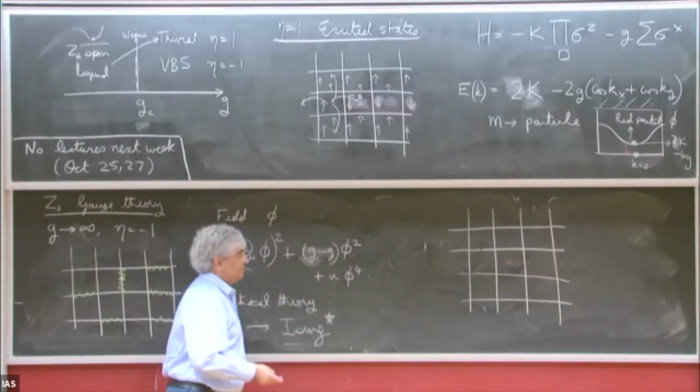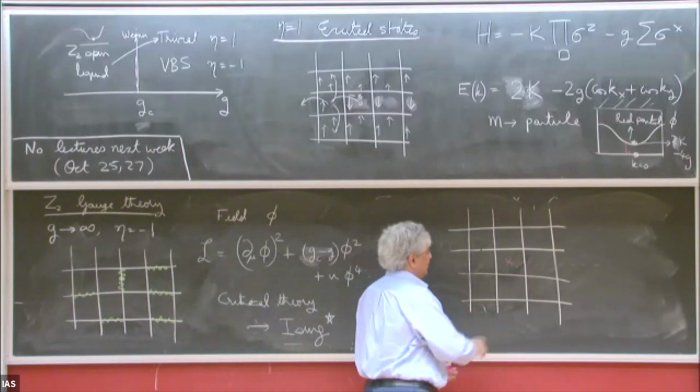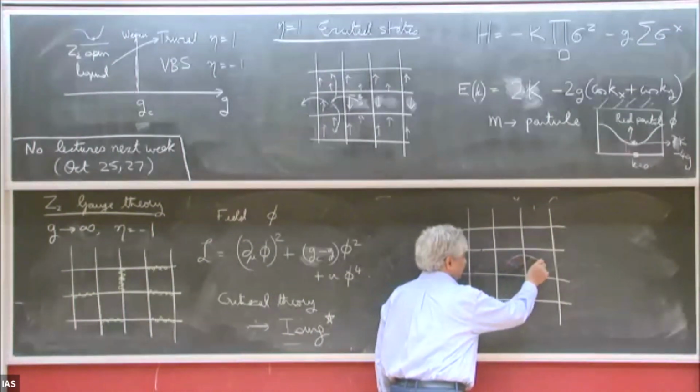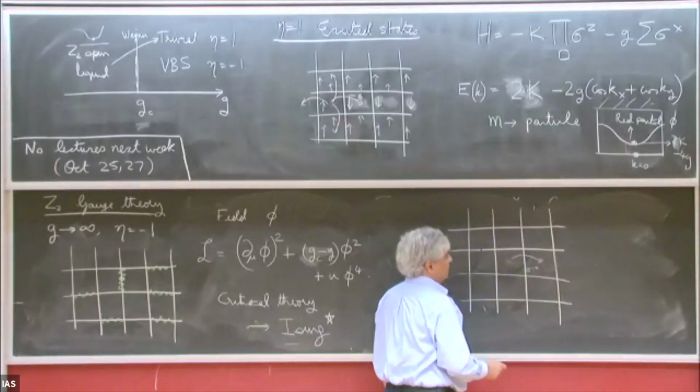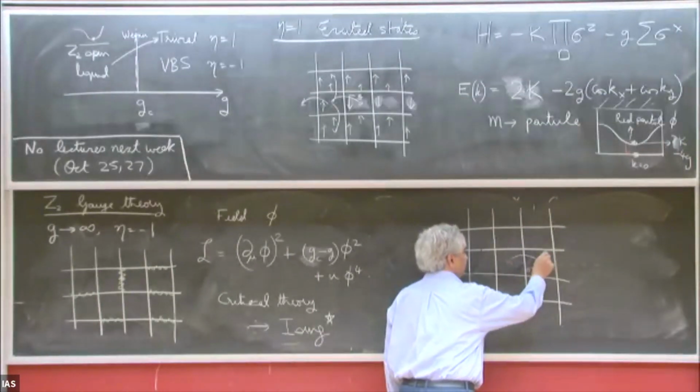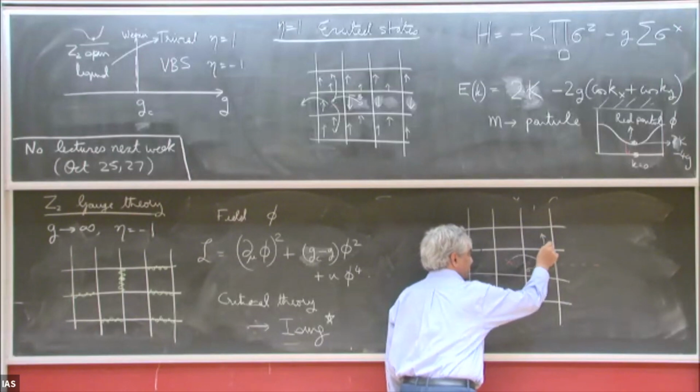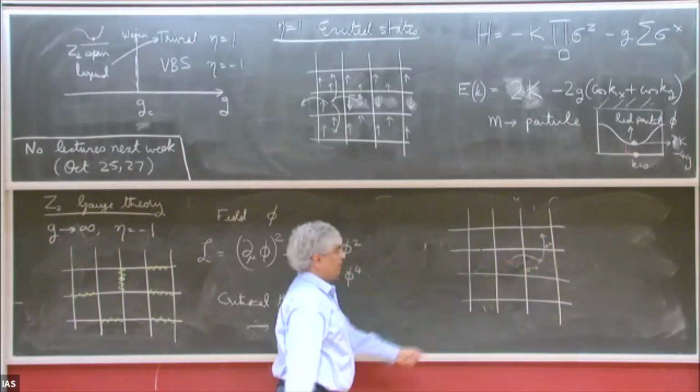Well, the way it comes in is now I take this object and I move it here. That's giving me a factor of sigma x. And then I move it here. Gives me another factor of sigma x. So that's one way to go from here to there.